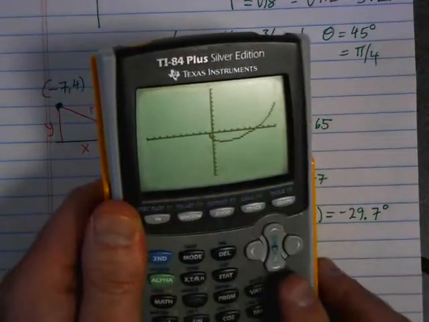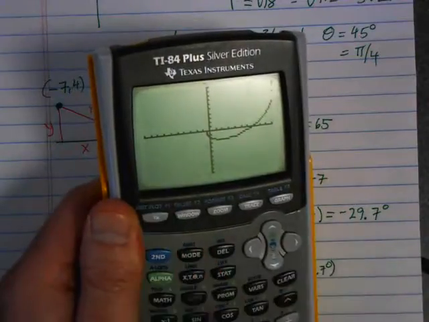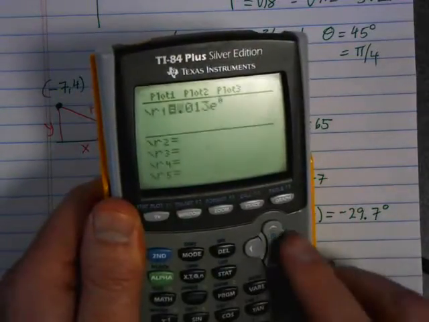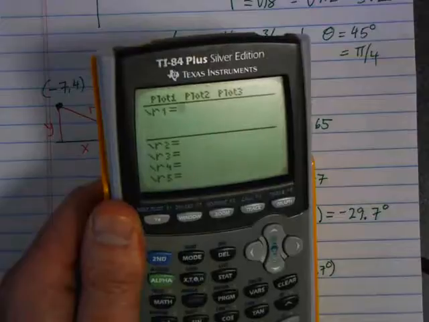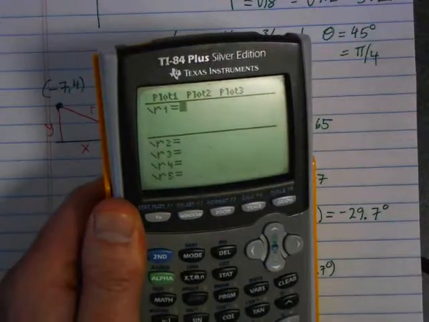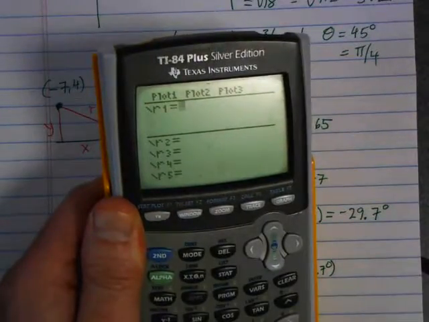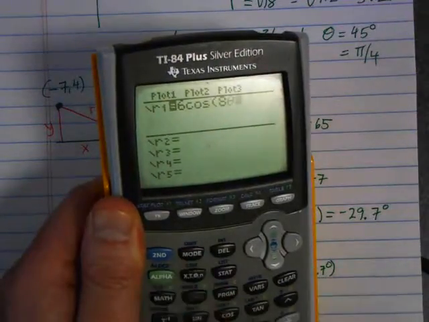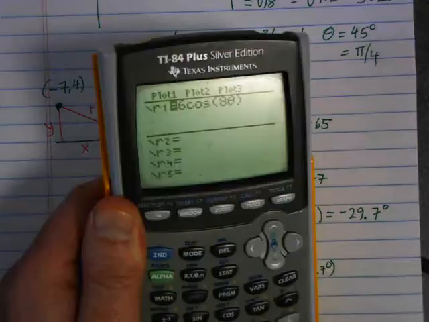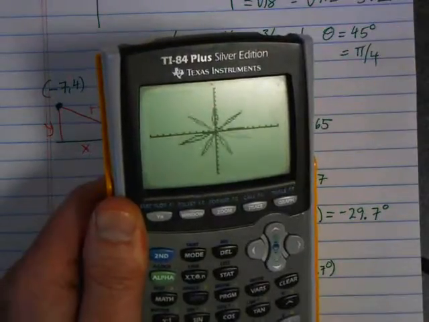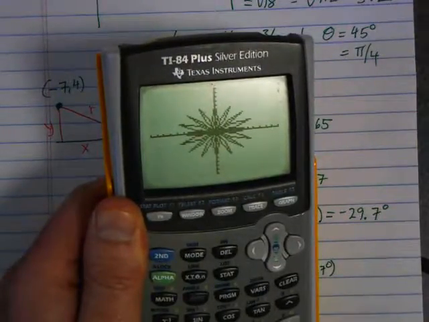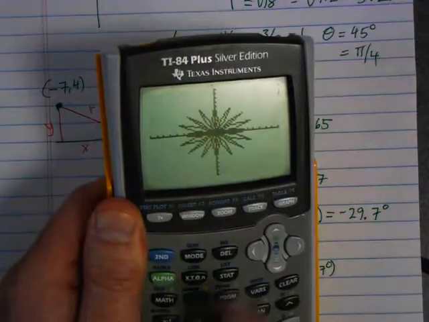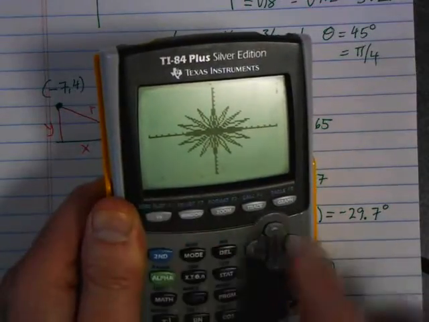You got a good one? I got a good one. Sweet flower. What did you type in? I did 6 cosine 8 theta, and then below that I did 10 sine 6 theta. All right, so that first one alone is going to give you a 16-petal rose.